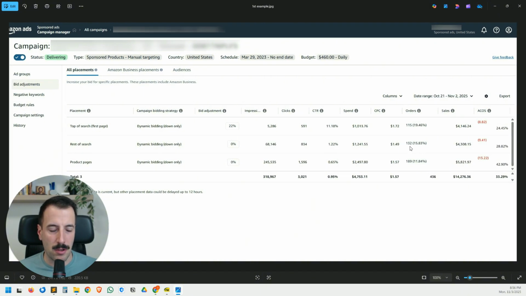But when we actually split the campaign into single ad groups and started gathering the real data, we saw that top of search is killing it with the click-through rate, absolutely killing it with the conversion rate, and has the best possible ACoS, which brings the best margin for this account.